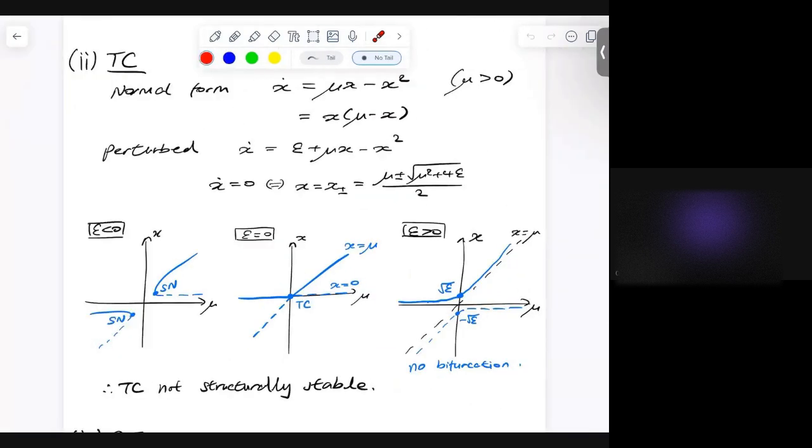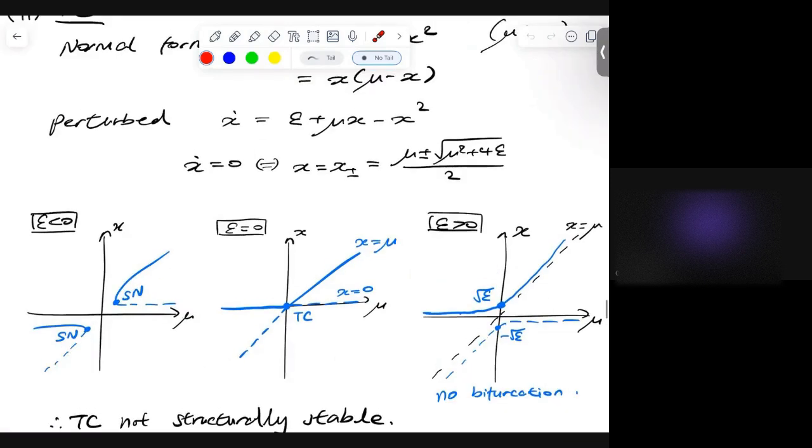And when we plot these graphs, we can quickly tell that these two are saddle nodes in the epsilon less than 0 case. And for epsilon greater than 0, we actually end up with no bifurcation, because this fixed point here might change x position, but it stays stable. And this lower fixed point here changes x position, but it's still unstable. So nothing topologically changes in the system.